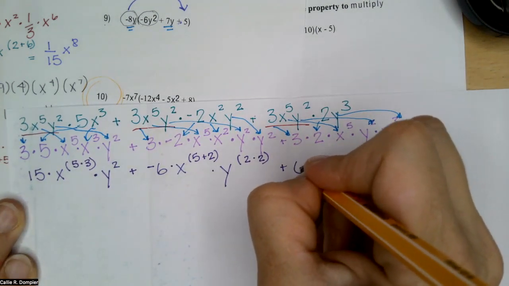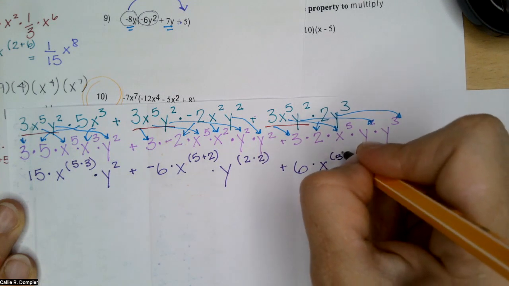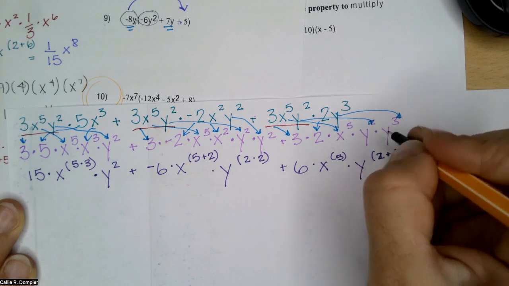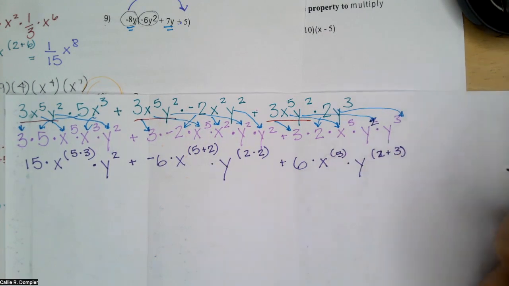Plus 3 times 2 is positive 6 times x to the power of 5 times y to the power of 2 plus 3. My error messed me up. I knew it would. At least I remembered.